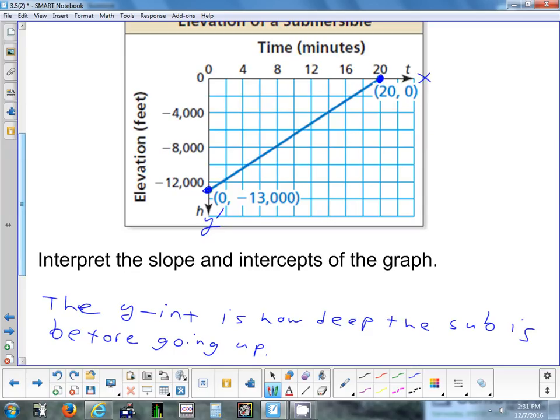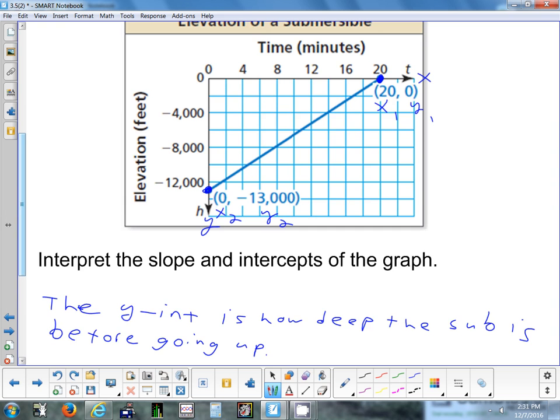Okay, we could call it x2, which means 20 would be what? x1. That's x1. How about negative 13,000? y2. And what about 0? y1. Let's plug those into our slope formula and see if we can get the slope of this line.